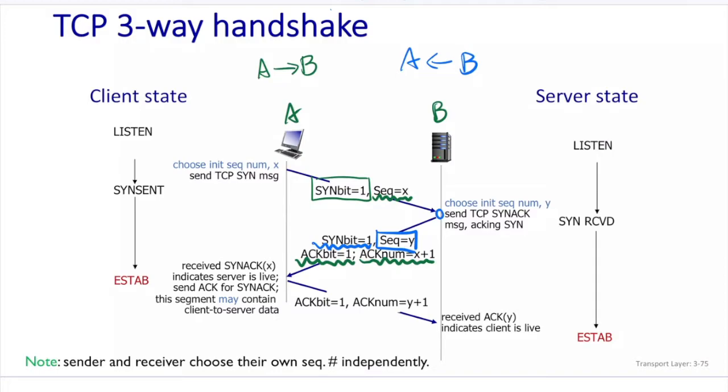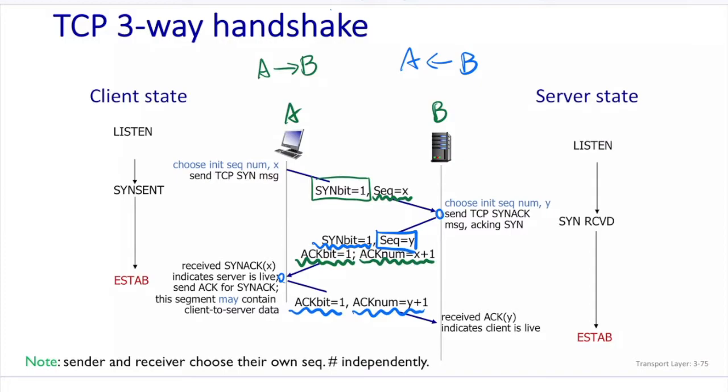This sequence number is used from B to A. After A receives such a request, it will ACK the request and say, okay, I know the sequence number you chose is Y. So the next sequence number I expect is Y plus 1.